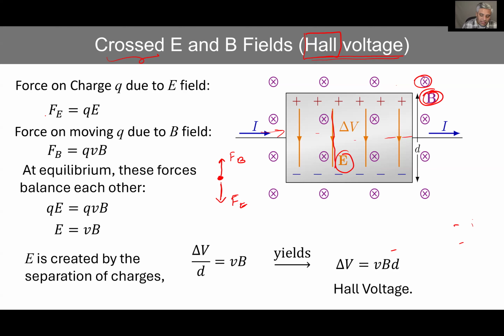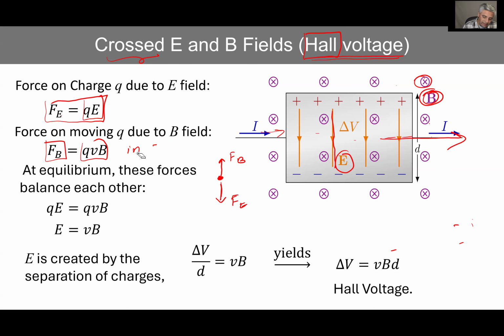So here, when these forces are in equilibrium, we can say the force due to the electric field is qE, and the force due to the magnetic field is qvB. Here sine theta is 1 because B is going into the page and the velocity is going that way, so the angle between them is 90 degrees.